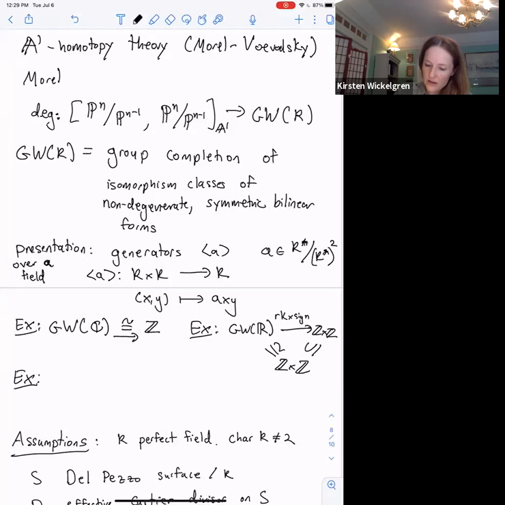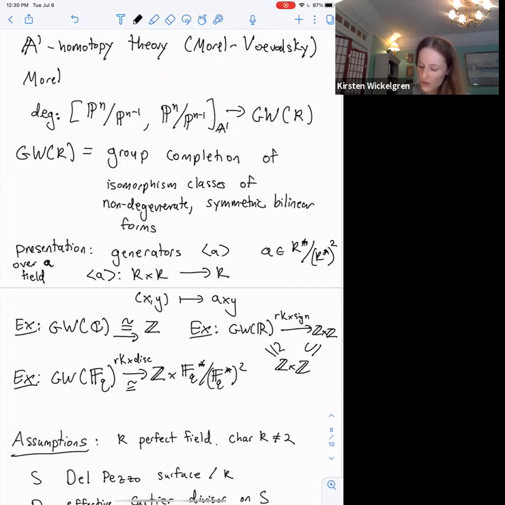And for a finite field, the rank and the discriminant, which is the determinant of the form when you write it as a Gram matrix, gives an isomorphism to Z cross an extra Z mod 2.